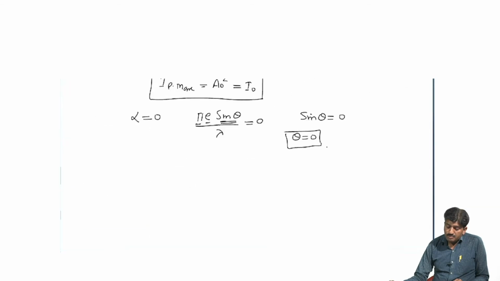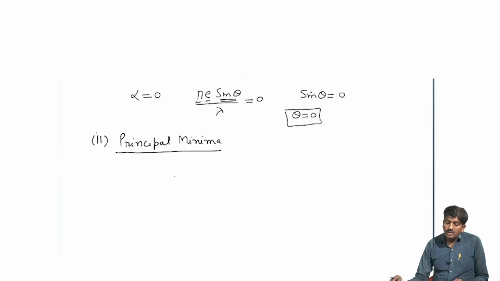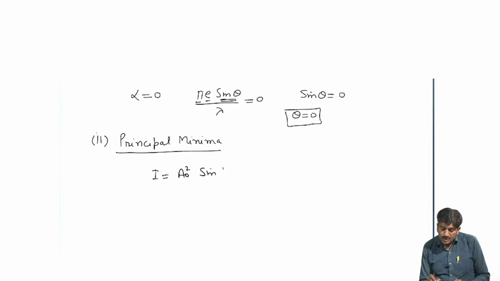After the principal maxima, second is principal minima. Again we know that I is A naught square into sin alpha upon alpha whole square.